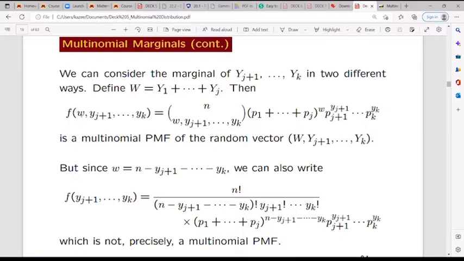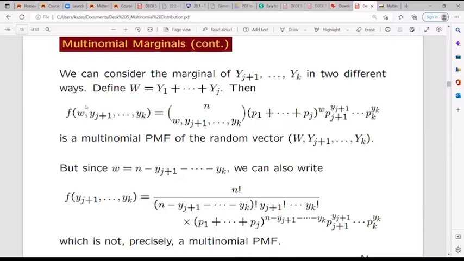This is the f of w, where w is from y1 up to yj, and yj+1 up to yk, which is this guy here. If you look at the entire thing, it's basically going to be from y1 to yk. It's more or less that you are partitioning that into two, right? And that was why we say two different ways. We are partitioning that into two.